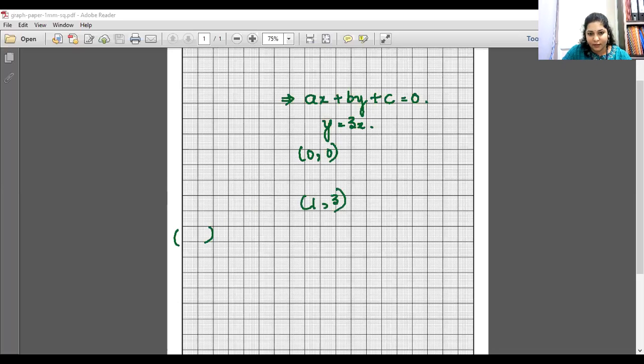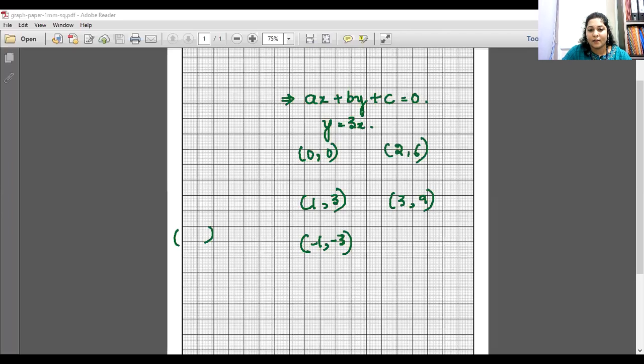And then minus 1, minus 3. Okay, so who gave me these answers? Ma'am, Atul. Okay, good. Ma'am, yes, 2, 6. Okay, so there is another set of coordinates then. 3, 9. Okay, then.